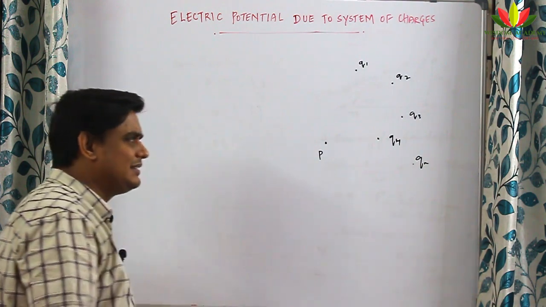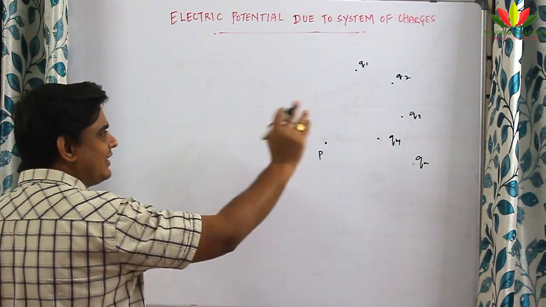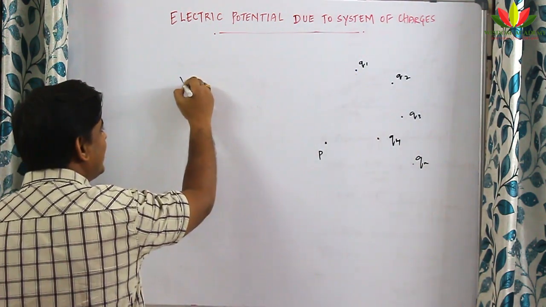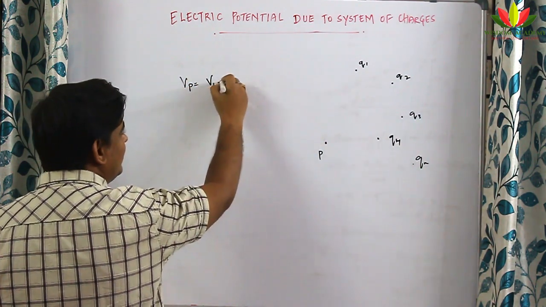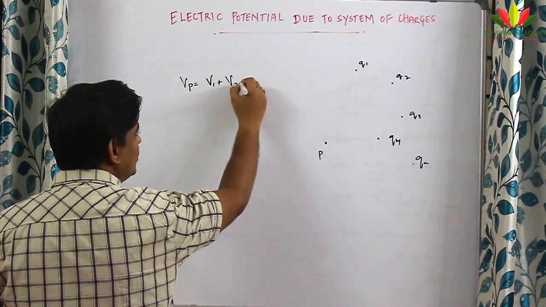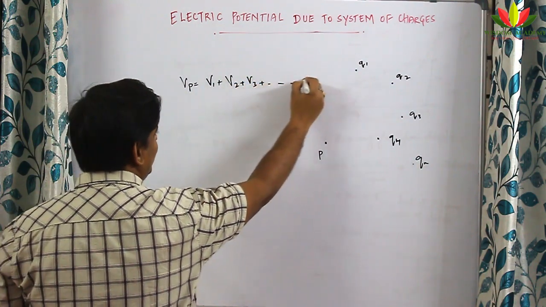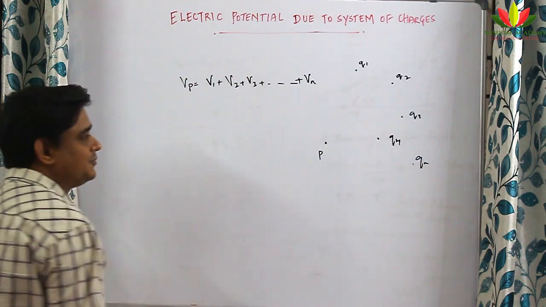Then see, it will be very simple, no need of having any vector sum. So, V at P will be equal to V at P due to 1, plus V at P due to 2, due to 3 and so on till Vn, right.